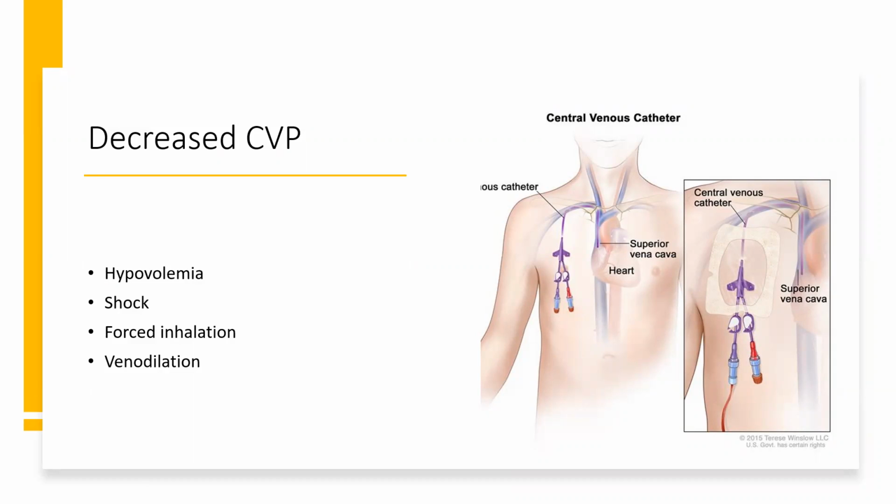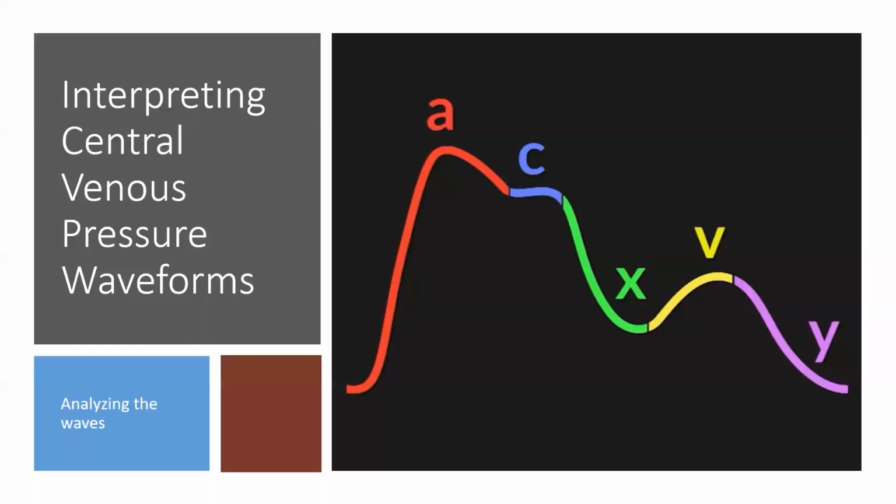If I give a patient nitroglycerin, what would happen to your CVP? You would decrease or drop your CVP. Okay. So now that we have an understanding of that, let's go ahead with the identification of the waveform of the CVP.